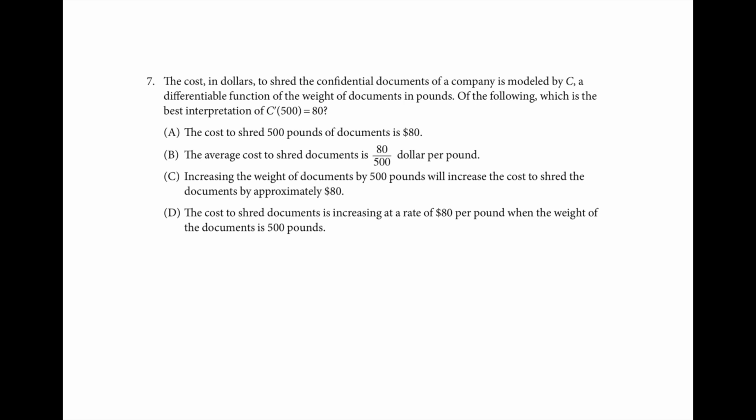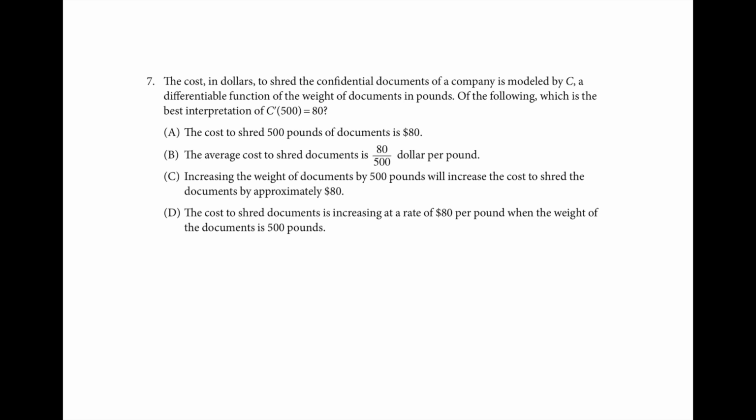Of the following, which is the best interpretation of C prime of 500 equals 80? Now, you should understand that the derivative is the slope, and the derivative is the rate of change.